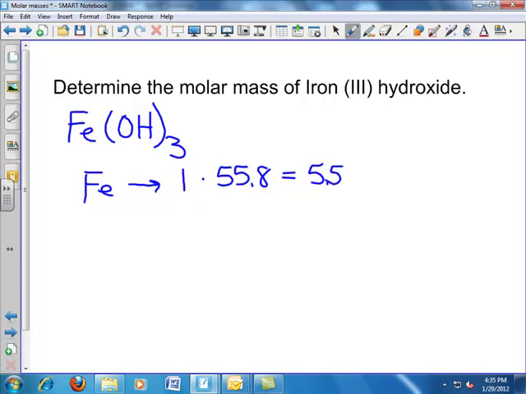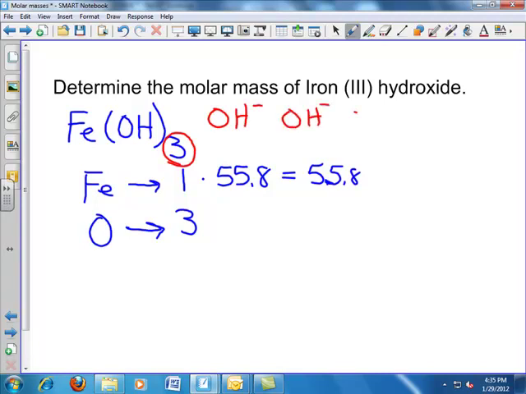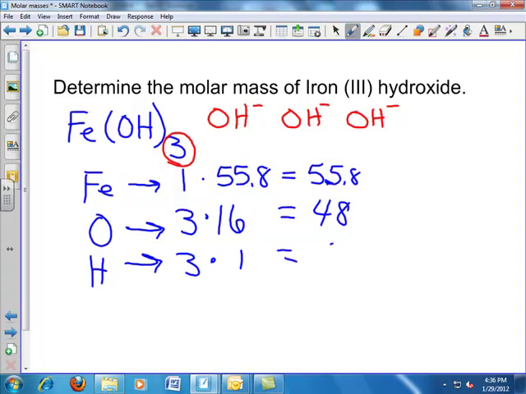So 1 at 55.8 is just going to be 55.8. I have how many oxygens? And hopefully you're saying 3, because this 3 right here means I have 3 OH minuses. Hopefully by now you think I'm silly by showing you that. So there's 16. 3 at 16 is 48. That's a good one to memorize, by the way. And then hydrogen, we have 3 of those, each at 1, so that's 3.